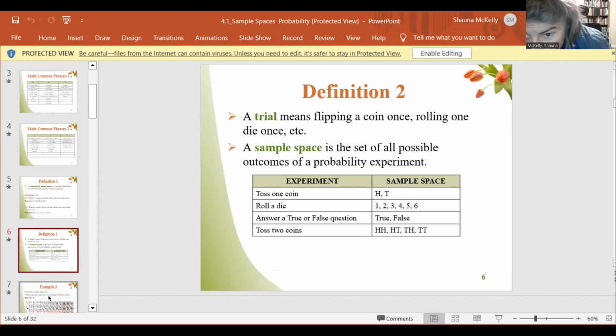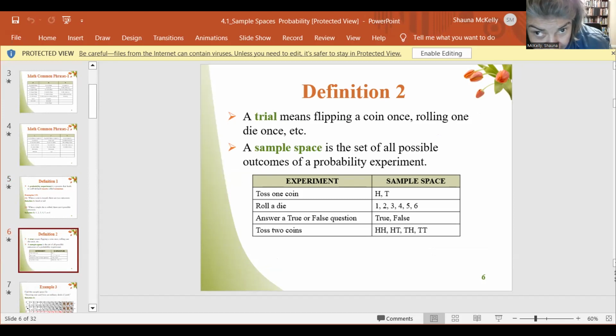A trial means flipping a coin once, rolling a die once, etc. So what you just saw me do were actually two trials of rolling a single die.